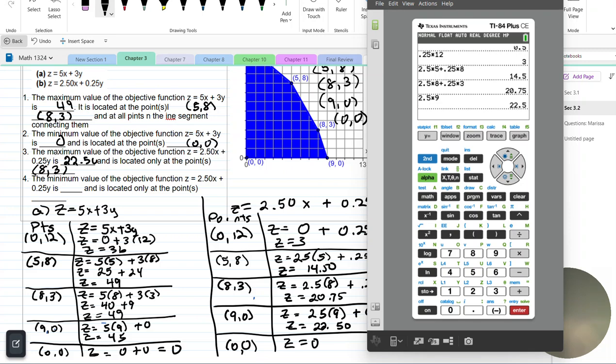I put the wrong number there. Thank you. That's 9, 0. I apologize for that. And our minimum again is going to be, it looks like 0, 0 again, not even working.